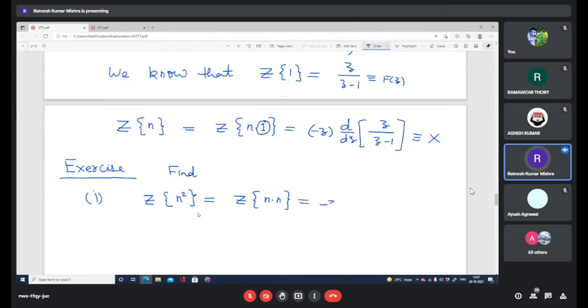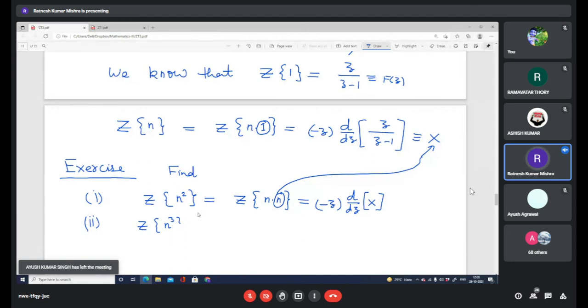So minus Z d by dz, and this is Z transform of this n, that is x. You write here x. So therefore we can easily find Z transform of n square, and in this way we can also find Z transform of n cube.